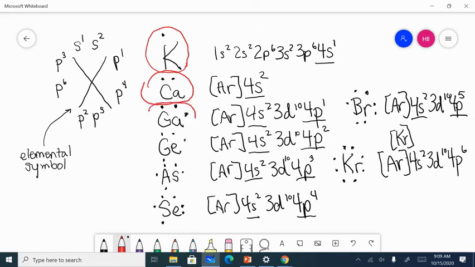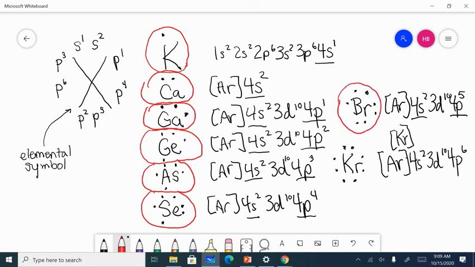Everybody in the same family is going to have the same dot diagram. So everybody in the alkali metals will have 1 dot. The alkali earth metals will have 1 dot. Everybody in the D and the F block, all the transition metals and inner transition metals, will all have 2 dots.